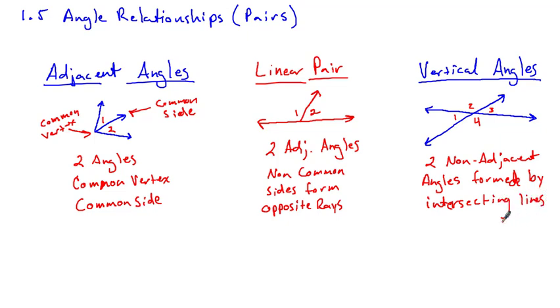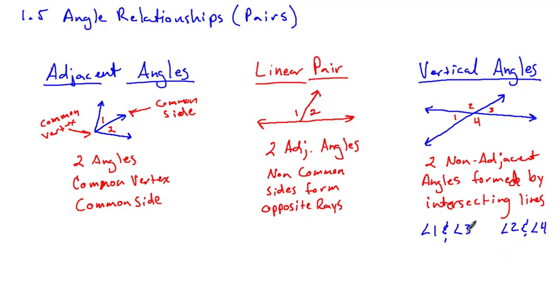Okay, so vertical angles are very easy to spot because we see them right here. We have 2 intersecting lines, and the vertical angles are angle 1 and angle 3, and angle 2 and angle 4.